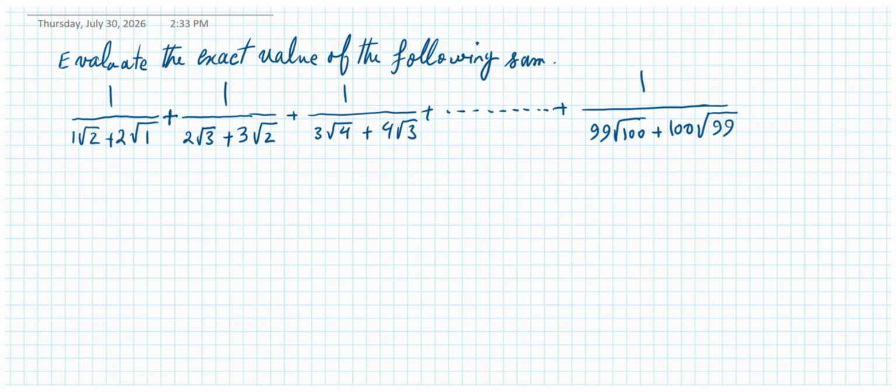If we look at the summation terms, we realize that the term of this summation can be written as 1 over n square root of n plus 1 plus n plus 1 square root of n. And we call this generalized term Tn.